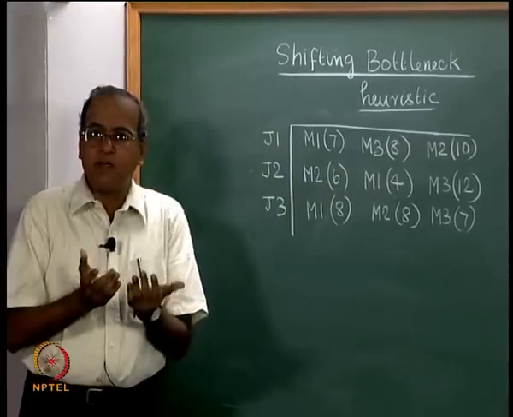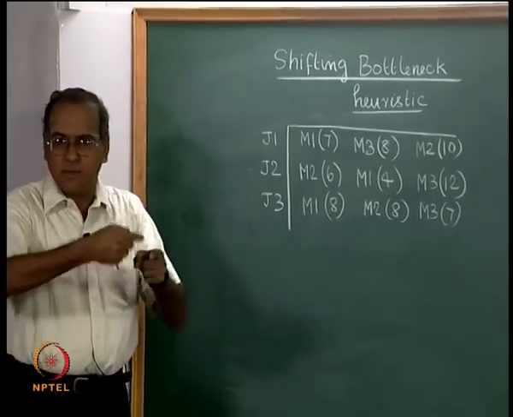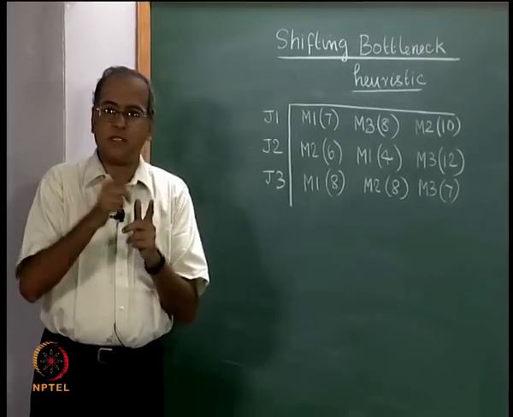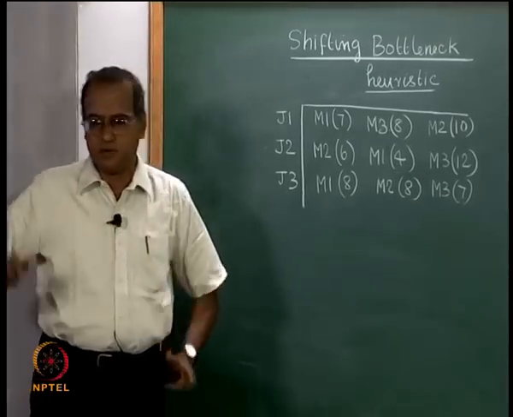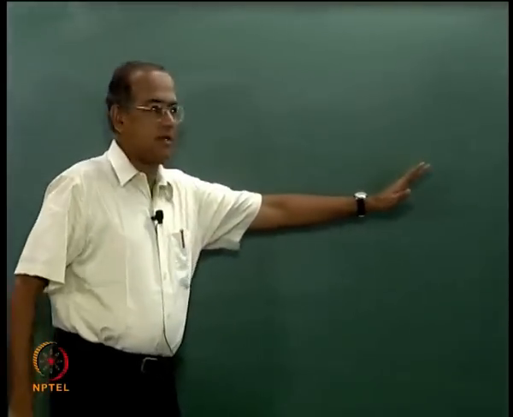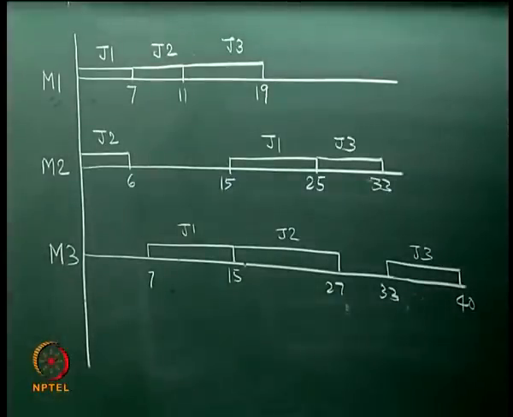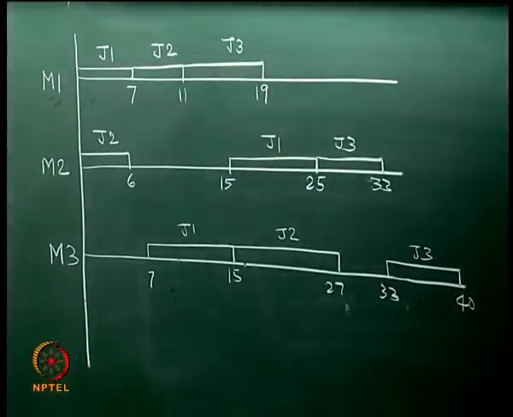So, a feasible schedule will require that each machine treats the jobs in a certain order. For example, if we go back to the SPT solution, in this solution the jobs visit M1 in the order J1, J2, J3, M2 in the order J2, J1, J3 and M3 in the order J1, J2, J3.